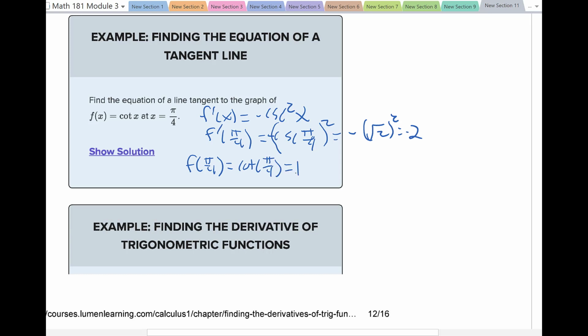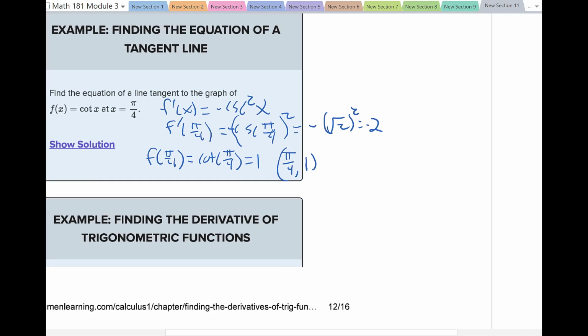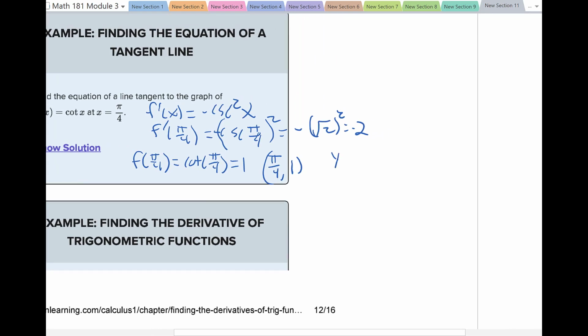So we have the point pi over 4, 1, and the slope of negative 2. So now we go to our y minus y1 equals m times x minus x1. So y minus 1 equals negative 2 times x minus pi over 4.